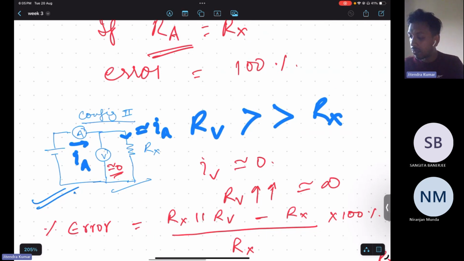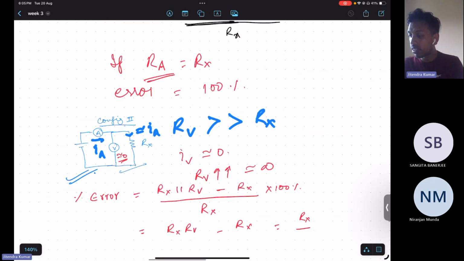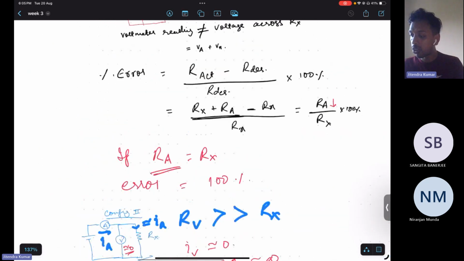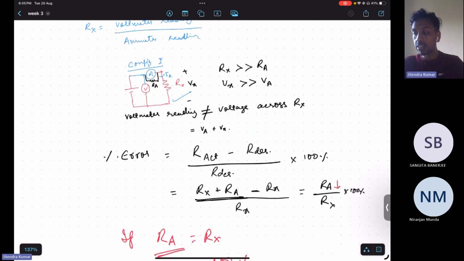We have to keep this in mind, and we also discussed why this happens. In the first case, the voltmeter reading was not exactly the voltage across the load. It was the sum of the voltage drop across the ammeter and the voltage drop across the load.